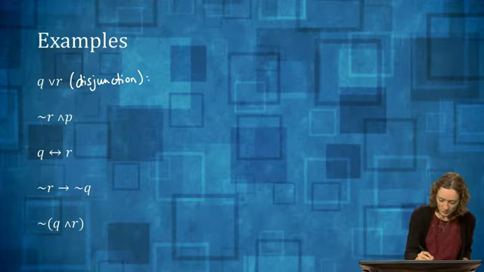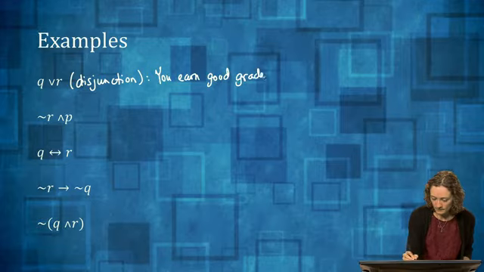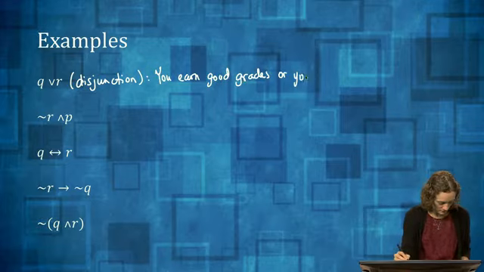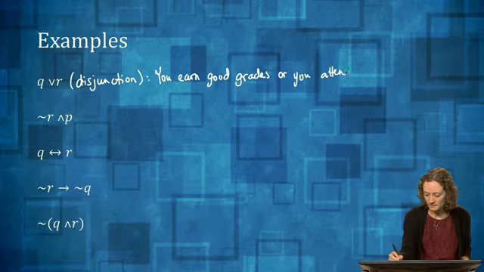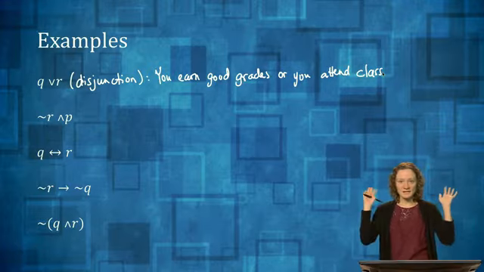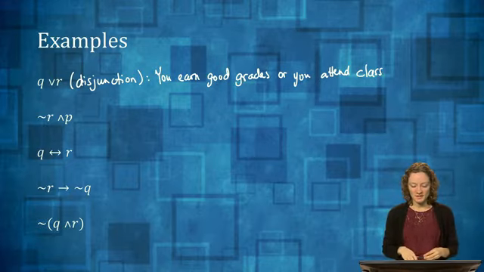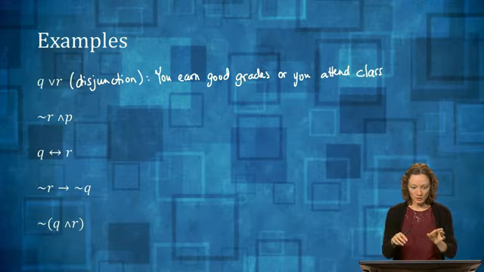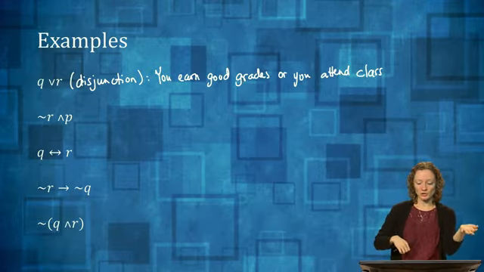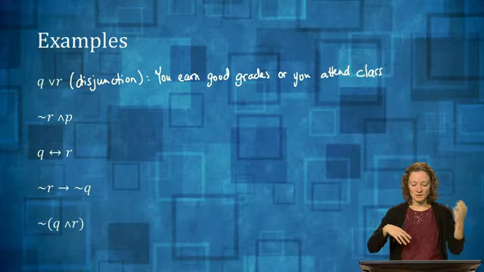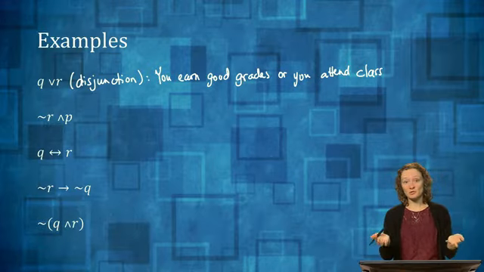So Q, you earn good grades, or you attend class. Don't let any ideas you have on what it means to be earning good grades or attending class affect this. The word or doesn't mean good grades or attending class, exclusively. You could earn good grades, you could attend class, or you could do both. Technically, all those things could happen.